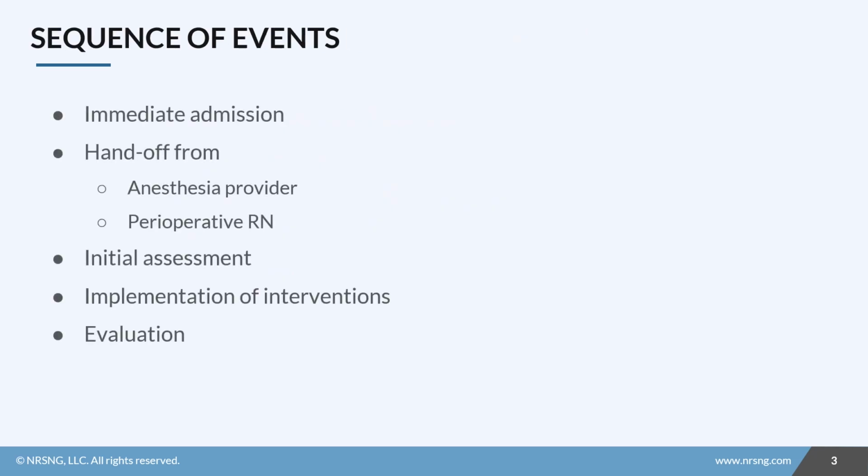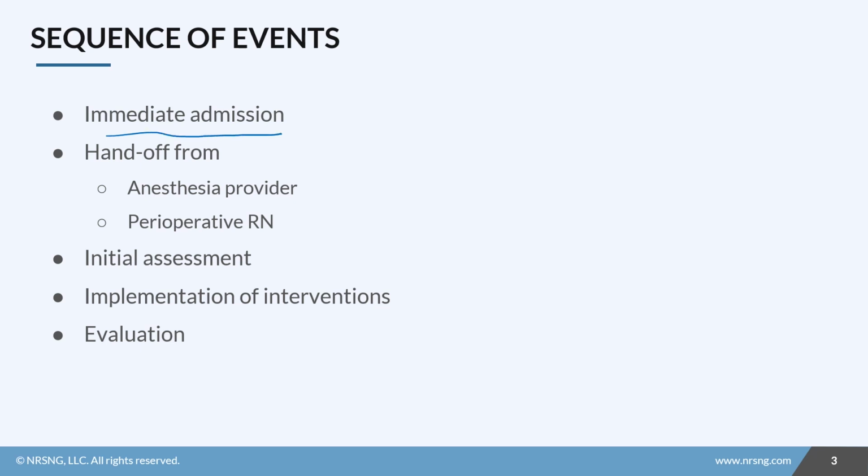So what are the sequence of events that occur in the PACU? So guys, I just want to mention that things can occur slightly different than this list, as all facilities run a little bit different, but this will give you a good idea of what occurs. So after surgery, the surgical patient is going to come into the PACU from the OR and will be met by the PACU RN, who will provide an immediate admission assessment.